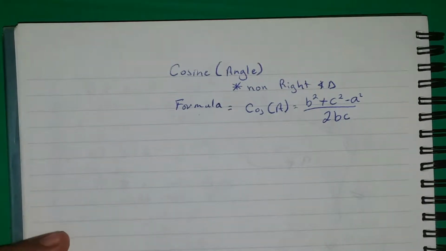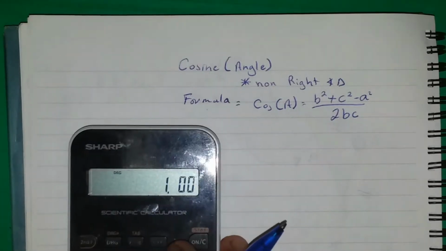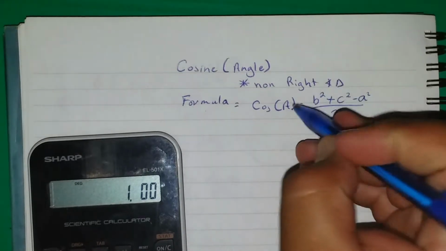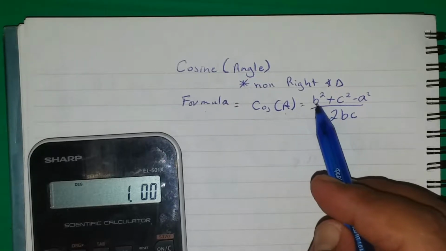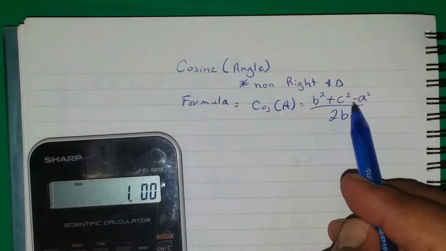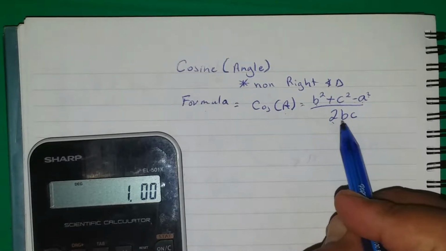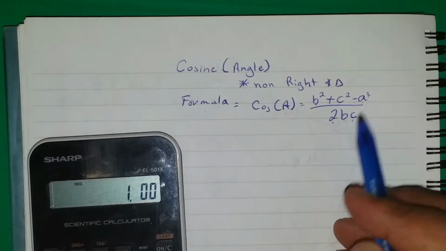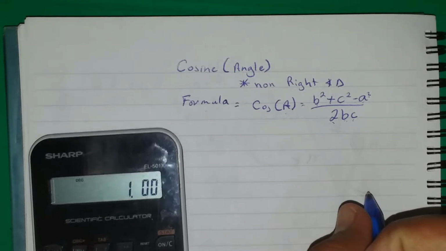So that is going to be the formula. I repeat again, cosine of A, and notice capital A, that's going to be angle A, equals B squared plus C squared minus A squared divided by 2BC. Now notice that B, C and A are all going to be sides.